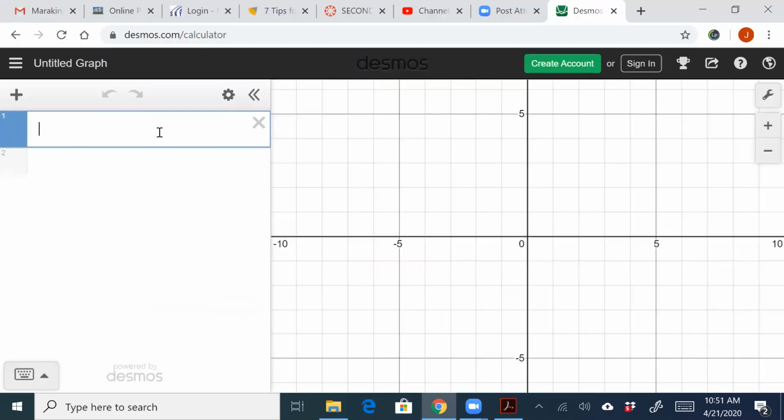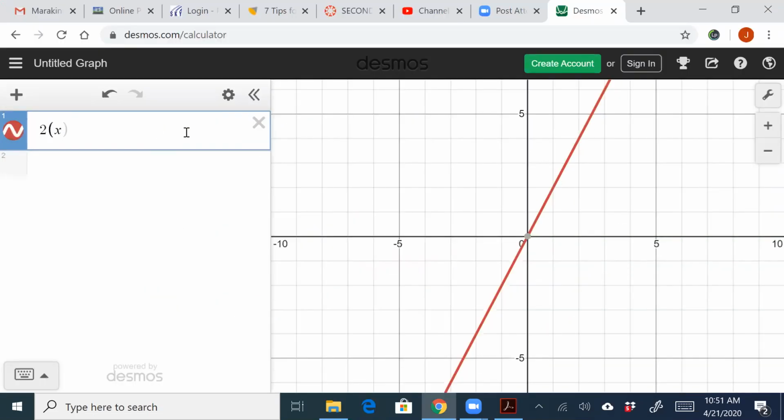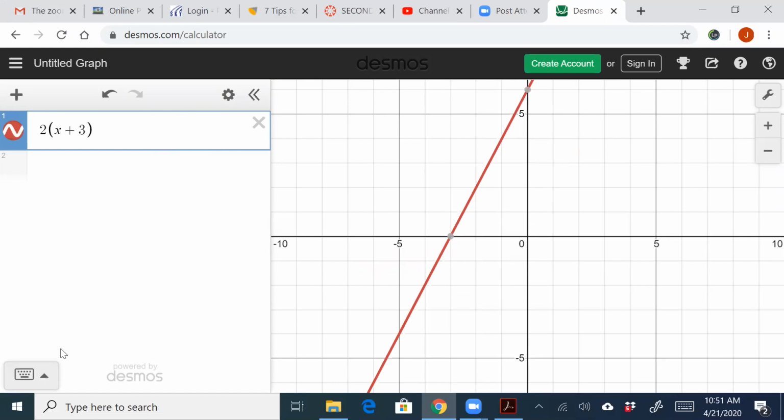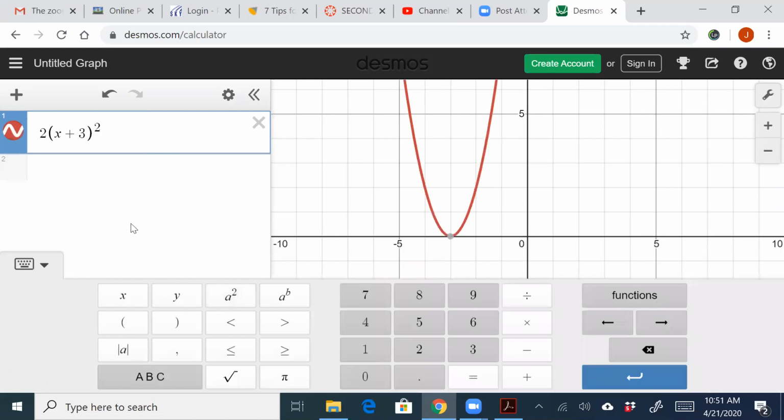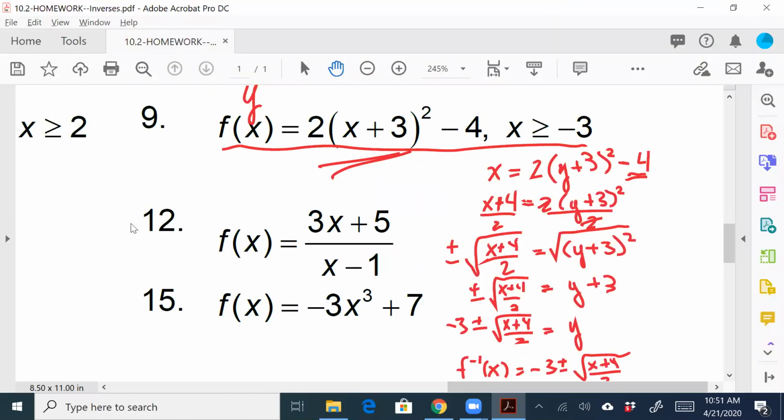So at 2 parentheses x plus 3, and then squared, minus 4.